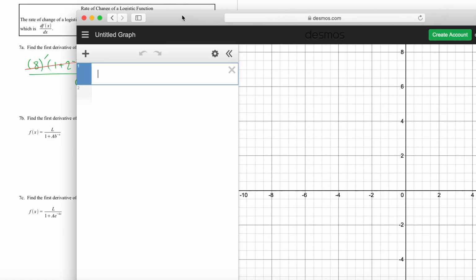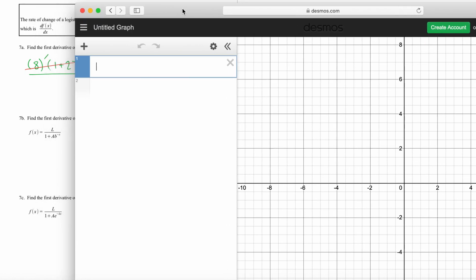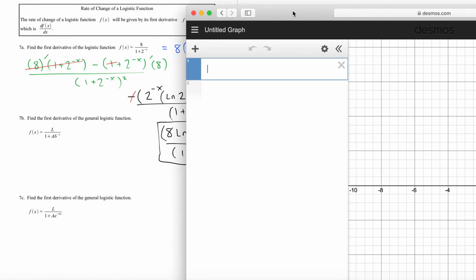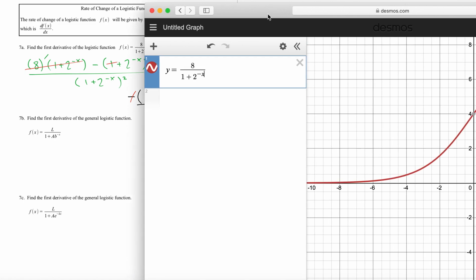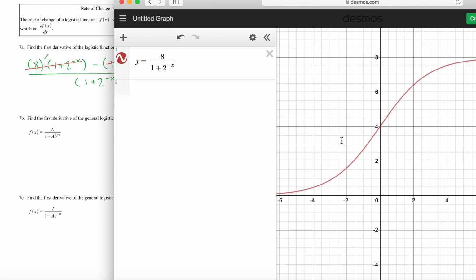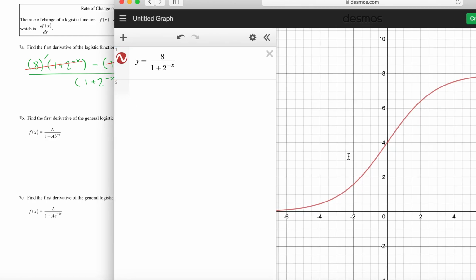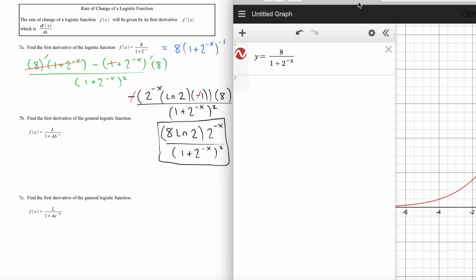It's just a web app, desmos.com. We can type in the original function. Okay, there's our logistic function. Now let's type in the derivative and see if it makes sense.